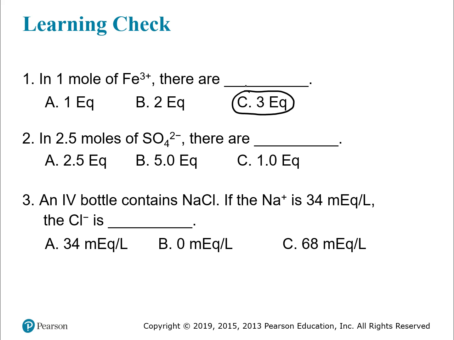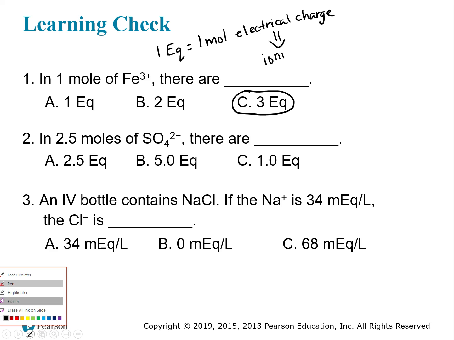So there are 3 equivalents here. 1 equivalent is equal to 1 mole of electric charge. So your ion charge tells you how many equivalents you have.